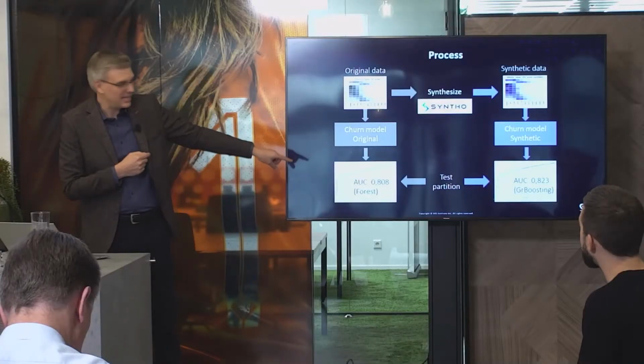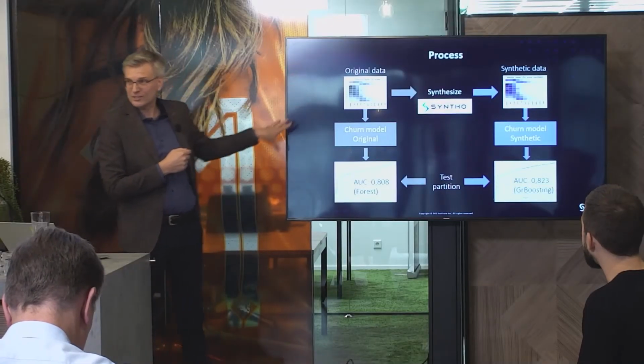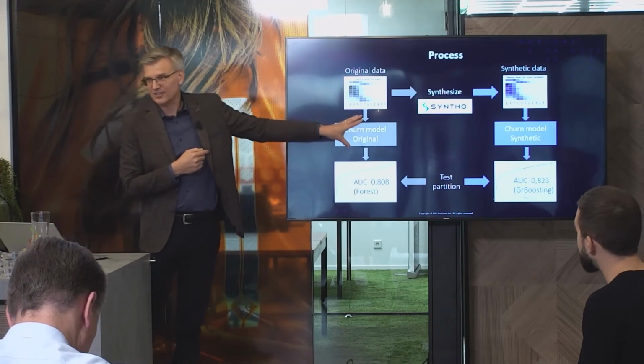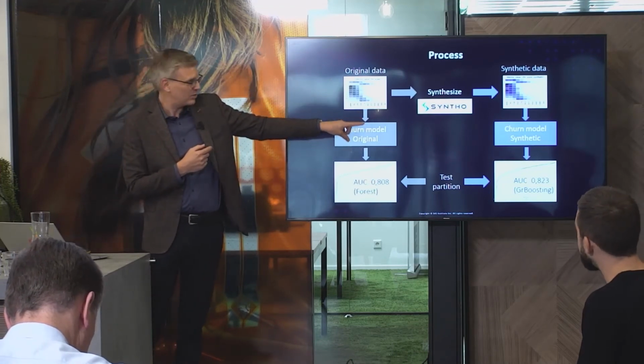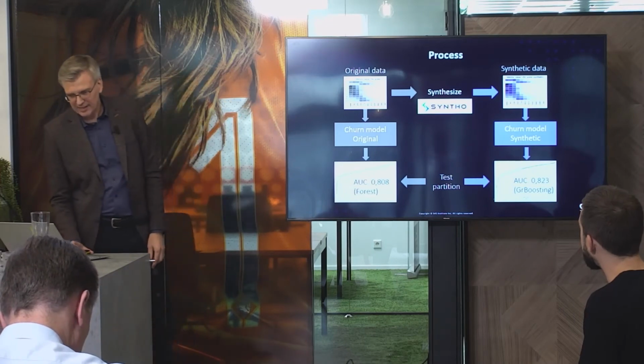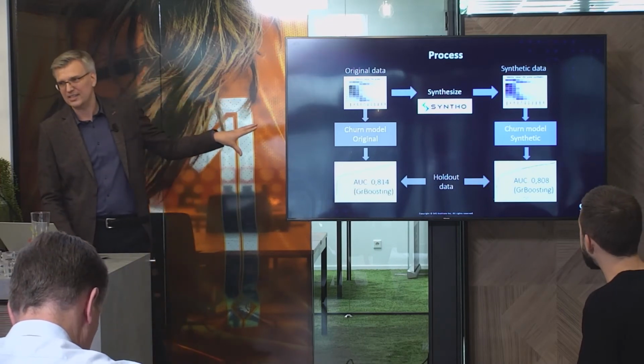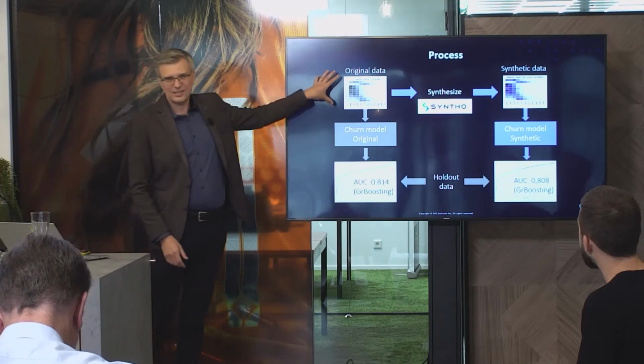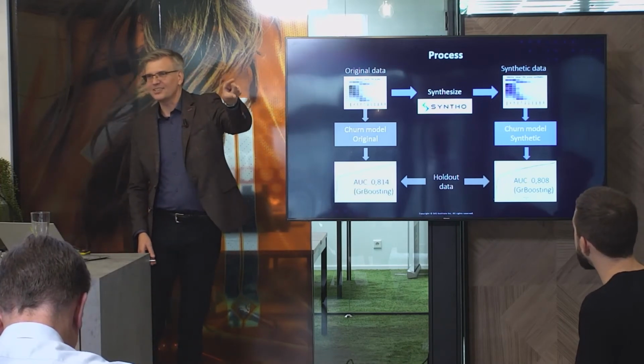But you would argue that, well, is this really a good test? Because this is actually the test set. I used the test set of both the original data and the synthesized data. So actually, I want to use that model on the original data. So next step, finally, I used a holdout data set. There was 10% of the data I didn't send to Syntho.